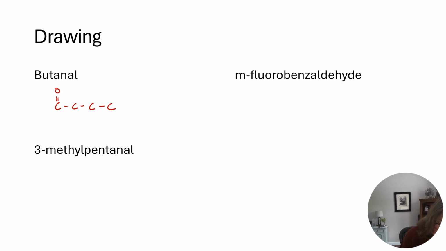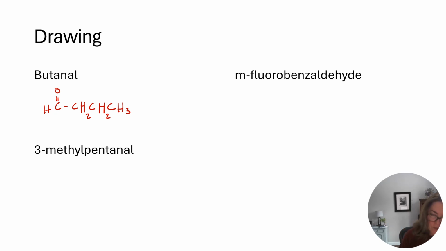So I'm going to put my aldehyde here, and then I'm going to fill in with my hydrogens. So carbon number 1 is full. I've got a double bond, bonded to a hydrogen and bonded to another carbon. So I'm going to draw the rest of my hydrogens in. So butanal.